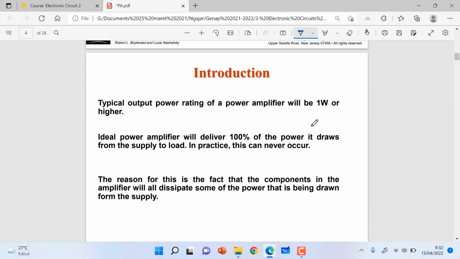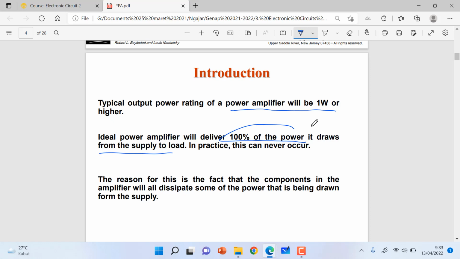Okay, the typical output power rating of a power amplifier will be 1 watt or higher, and an ideal power amplifier will deliver 100% of the power it draws from the supply to the load. But in practice, this can never occur.